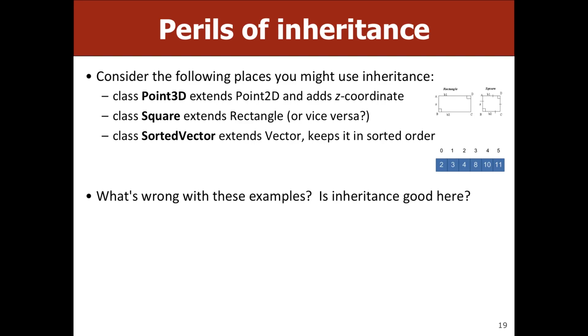Okay, so what do you all think? How many people think that you should use inheritance for the 3D point versus the 2D point? How many people think you shouldn't? Okay. Yeah, the slide is called Perils of Inheritance if you're just using that.